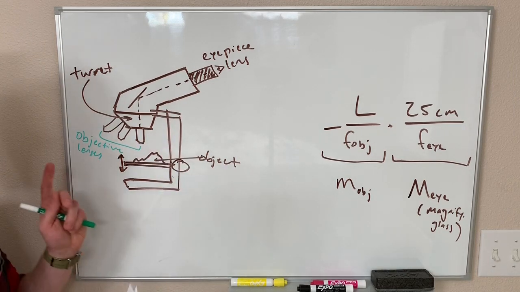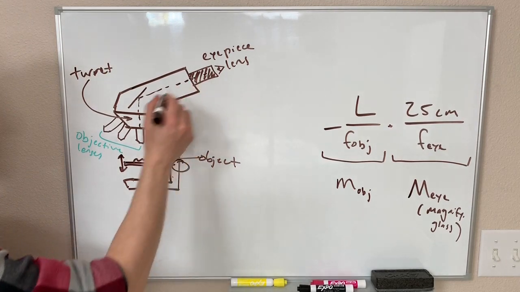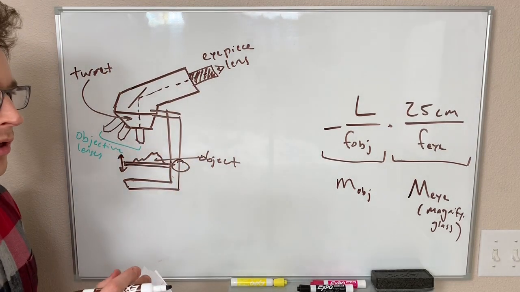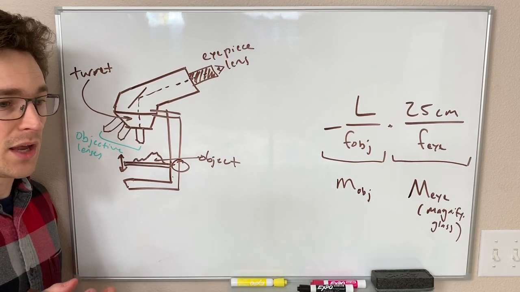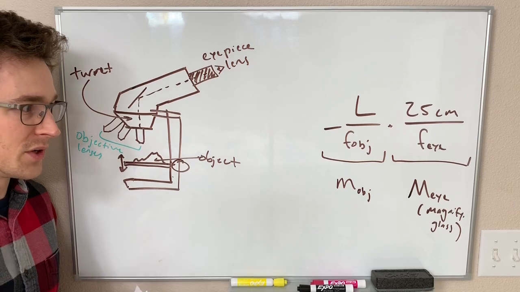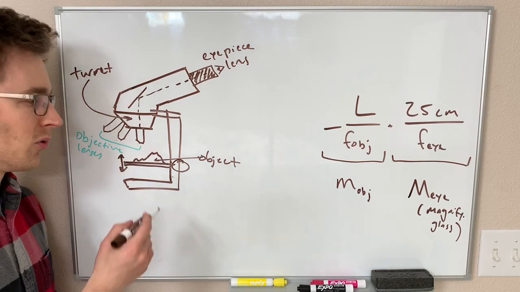So as we saw in our ray diagram, if we're not moving the eyepiece lens and we're not moving the objective lens, there is only one position on a ray diagram that gives us a nice focused image, and that is this place that we picked just to the left of the focal point of the objective.